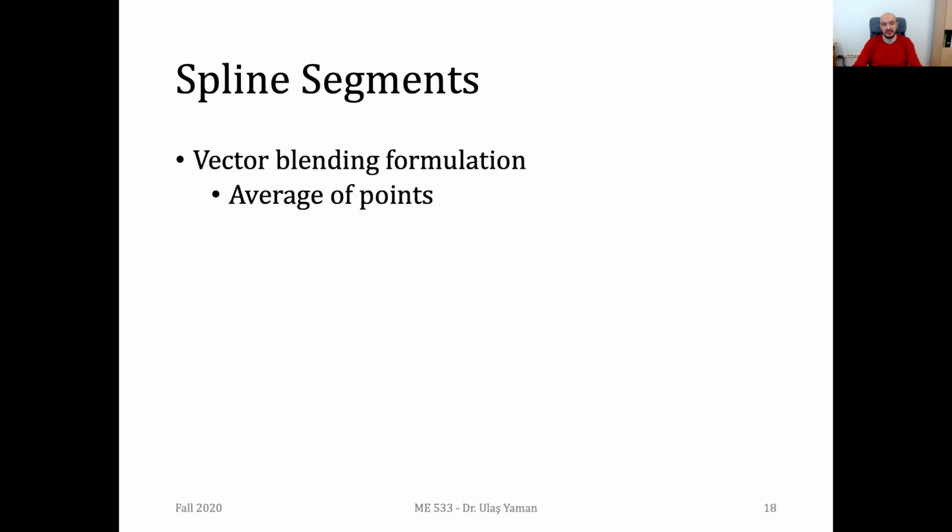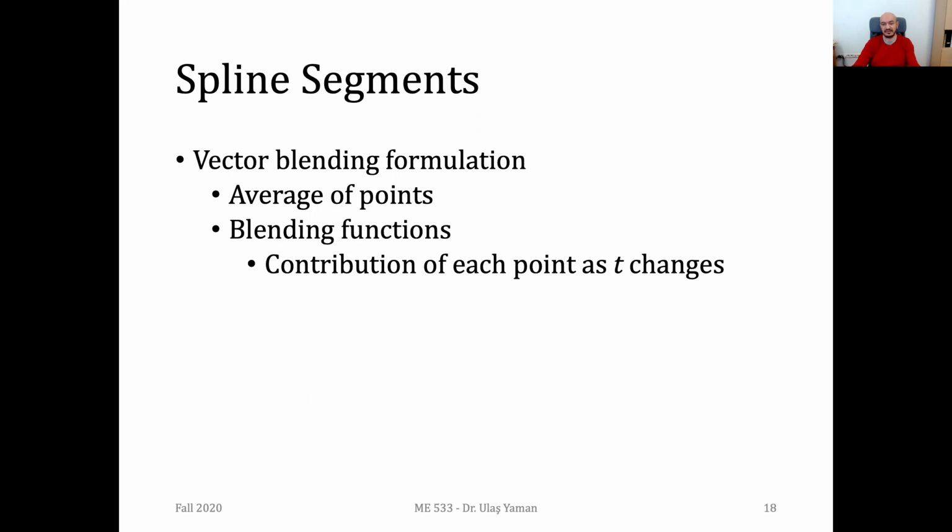So now we will have a kind of blending formulation. We have the points, and sometimes you may simply take the average of points, which is the easiest one. You may just have half of one point, half of another point, and then obtain the intermediate point. But to make it more complicated, to have various types of splines, we use some blending functions. So they are not just the average of the points, but we have some parameters, some coefficients.